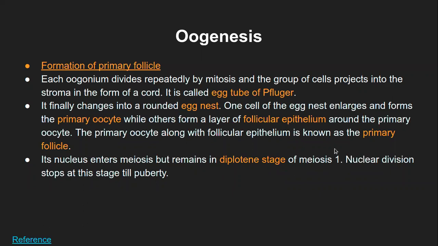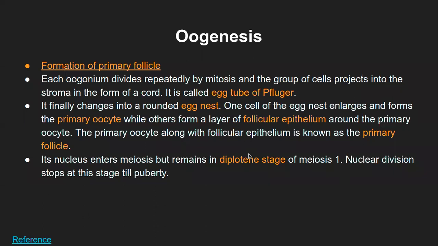Now, in meiosis 1, in the prophase stage itself, the chromosomes remain in the diplotene stage, and the nuclear division stops at this stage until puberty. So from the fetal stage until the puberty of the female child, all of these primary follicles will not have finished meiosis, the gamete formation process, but will all be stuck at this diplotene stage.